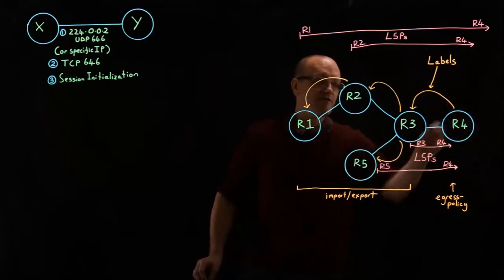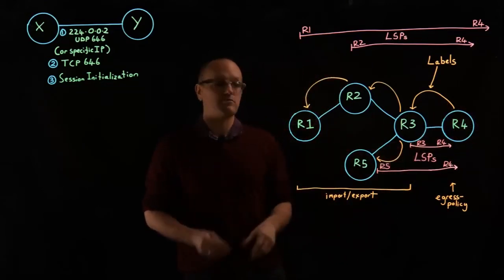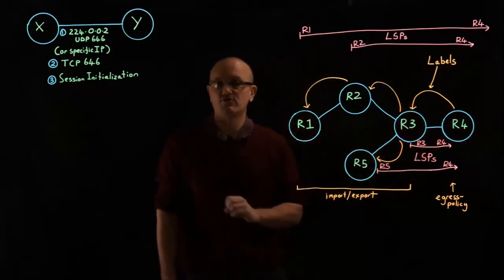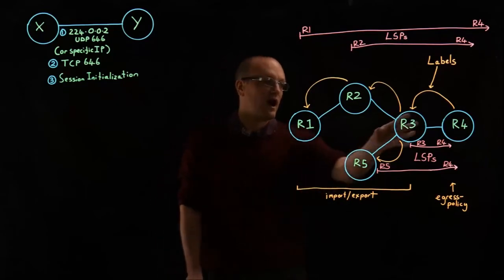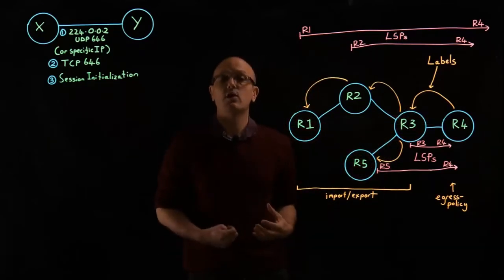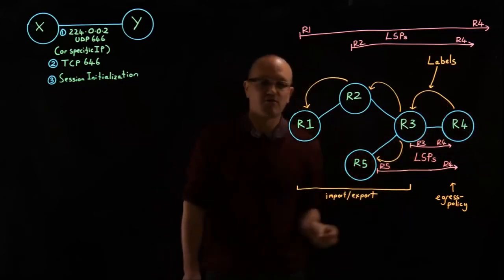So R4 advertises a label binding for its loopback address, and he advertises this label upstream to R3. R3 receives this label advertisement, and he creates a local forwarding entry for this label pointing to R4.